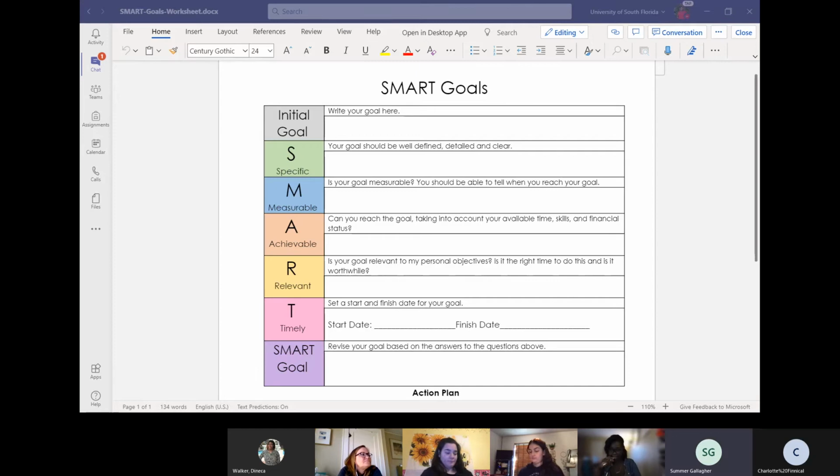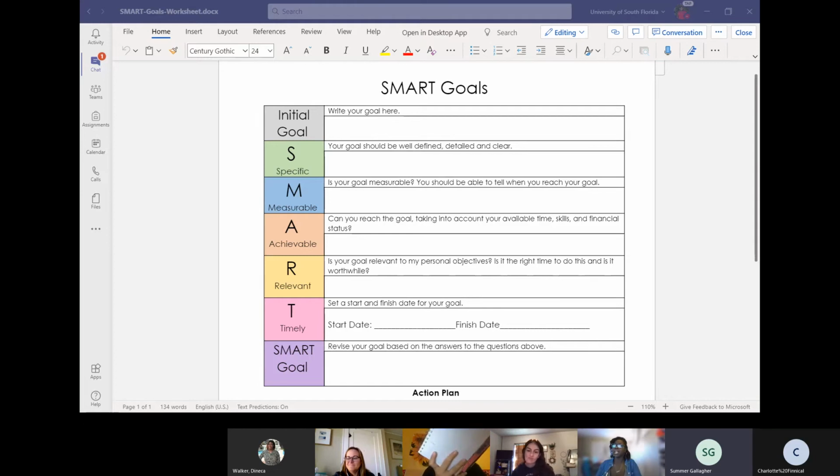All right, so now my SMART goal is for the rest of the semester to stay really organized and on top of the assignments that I have to do. Because I feel like writing everything down in a planner and being organized will really help me get all my stuff done and make sure that I get all my credits that I need.